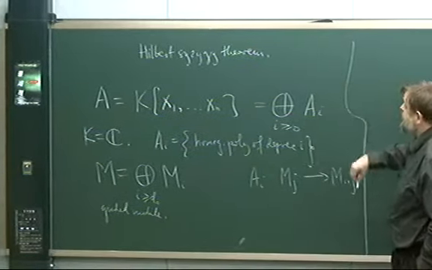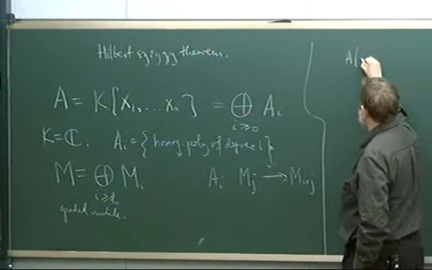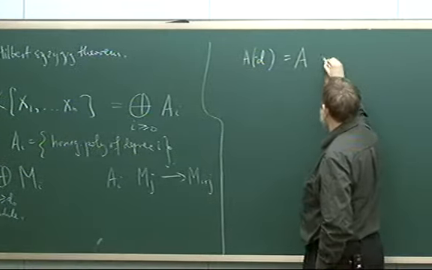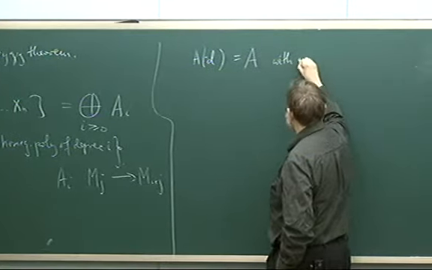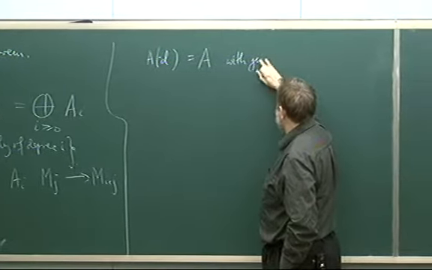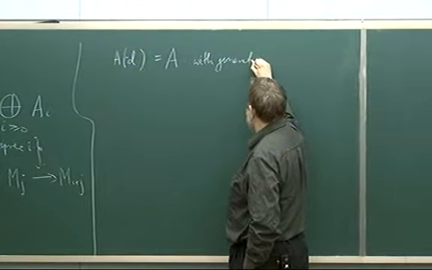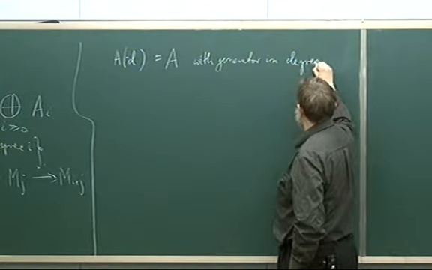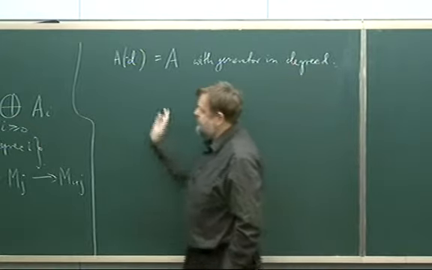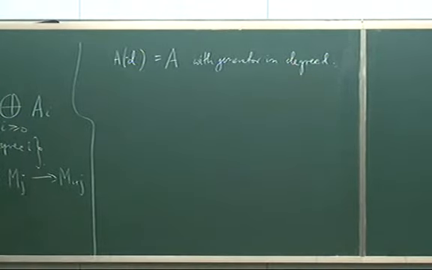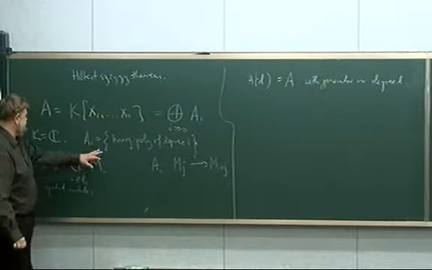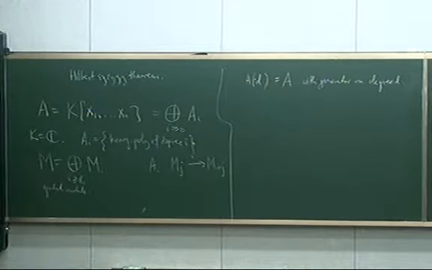Since I'm talking about graded modules, I will always say that A(-d) will be just A, but with a generator in degree d. So 1 will be basically in degree d, because whenever I talk about maps of graded modules, I will want this map to take a component of degree i to the component of degree i.